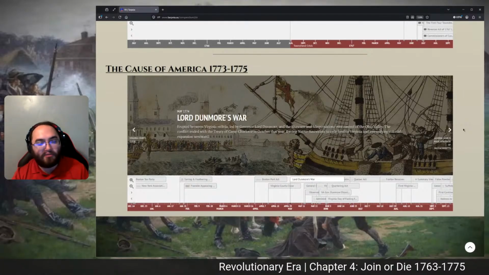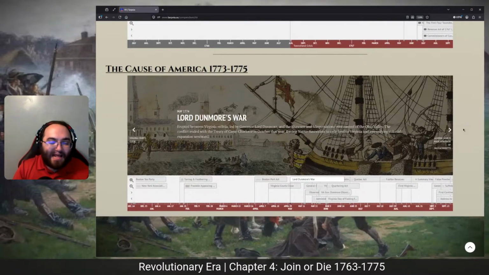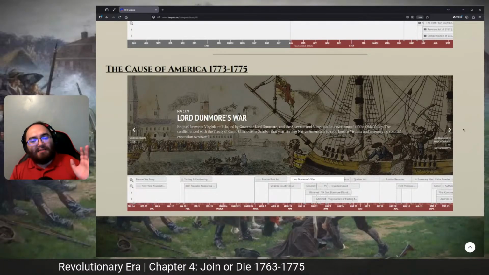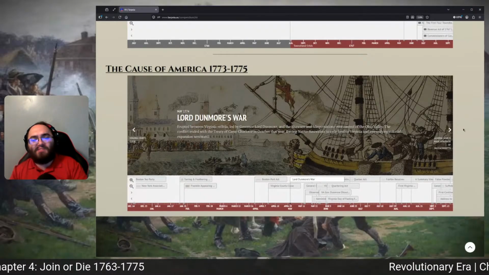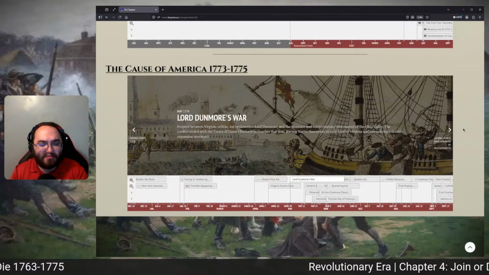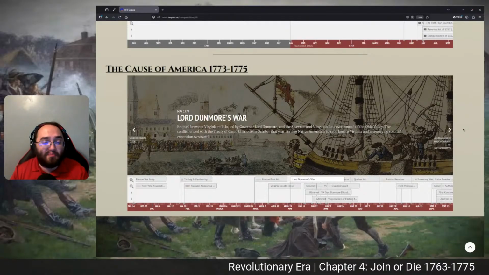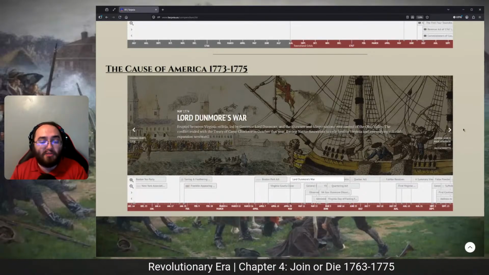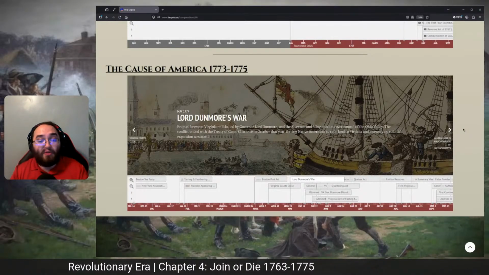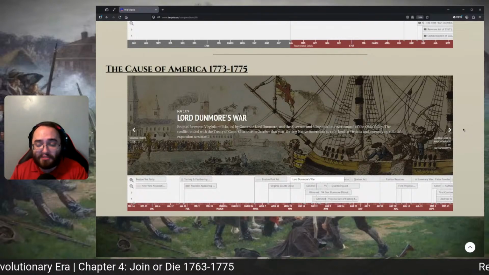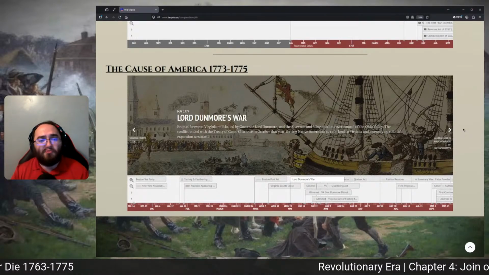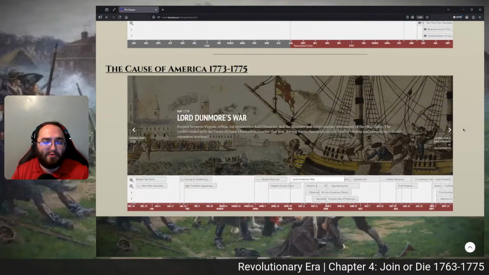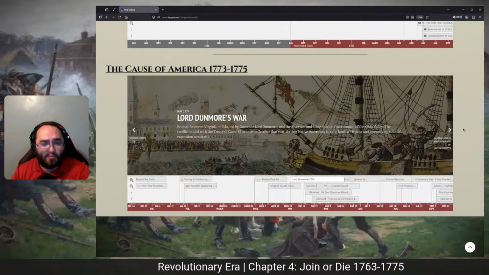So the proclamation line is not as important as many people make it out to be. It doesn't really protect Native American land. It actually does the opposite, because the proclamation of 1763 gives a bunch of land to the officers who fought in the French and Indian War as a reward.